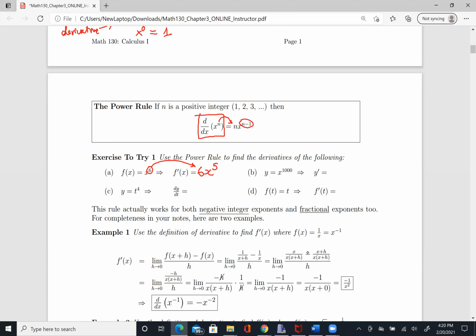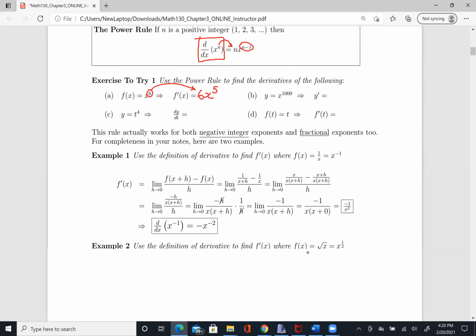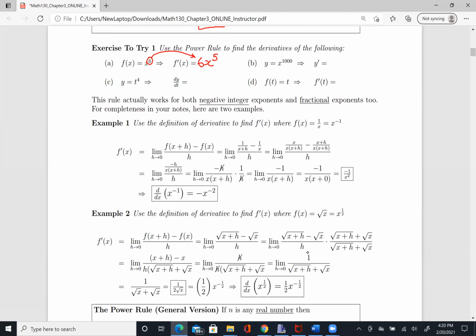Okay, let's move to, keep in mind that this rule actually works for both negative integer exponents and fraction exponents too. For completeness in the notes, here are 2 examples.